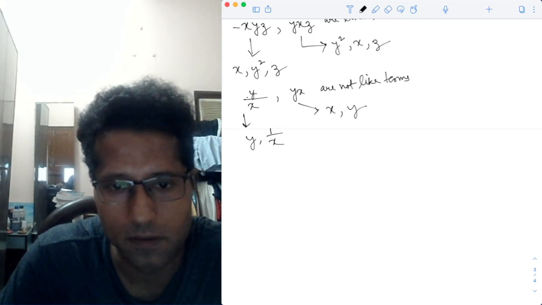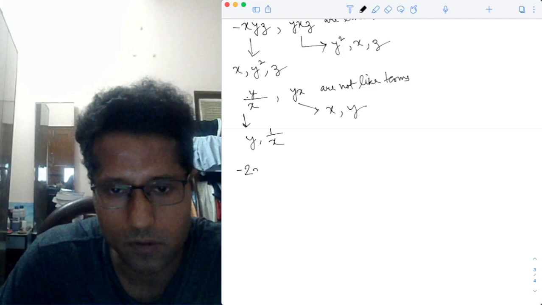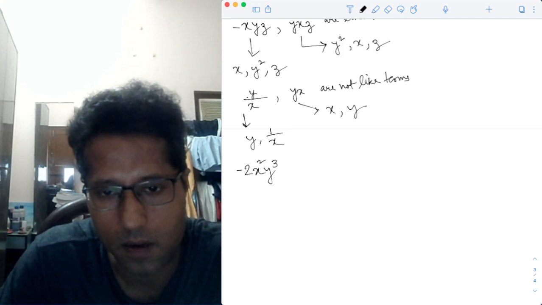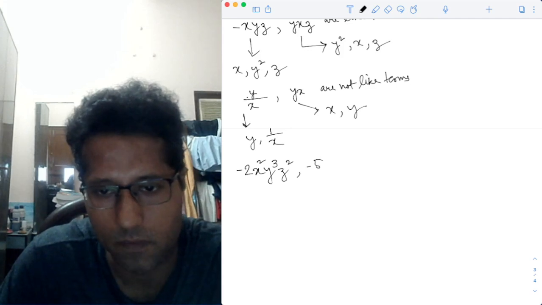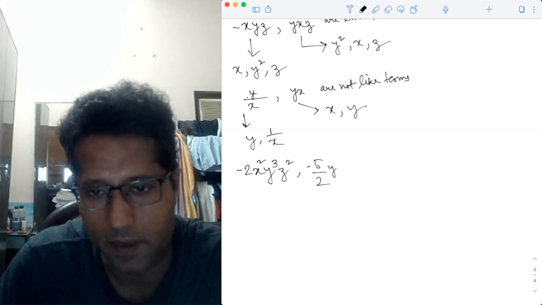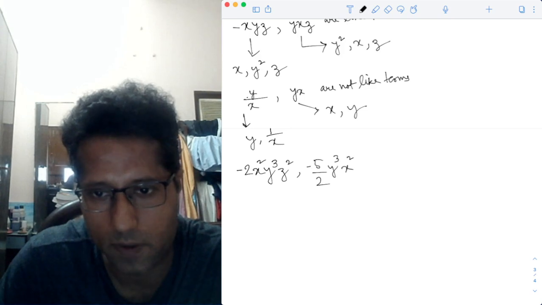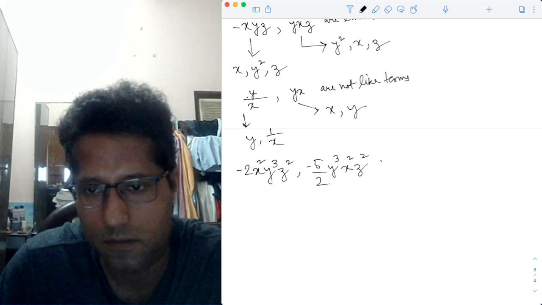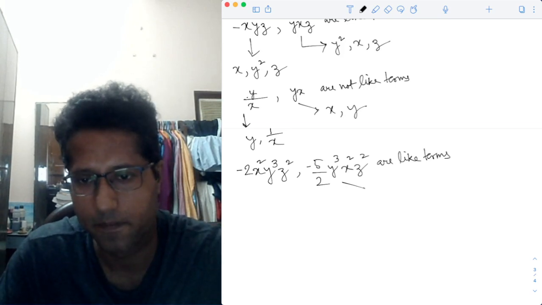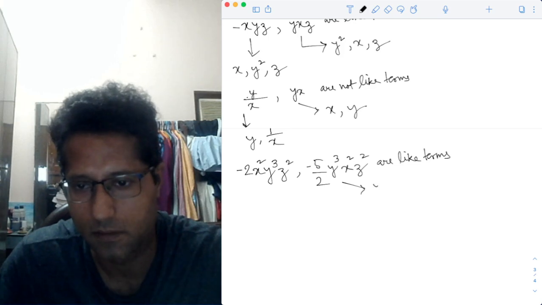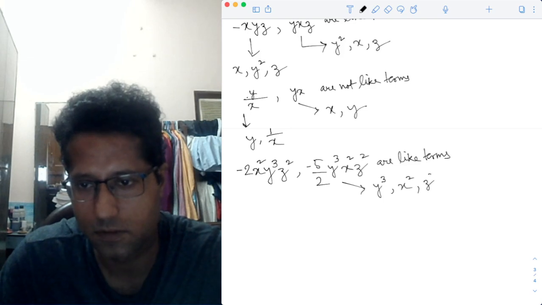Let's take another example. Minus 2 x square y cube z square and minus 5 by 2 y cube x square z square are like terms, because the literal factors here are y cube, x square, z square.